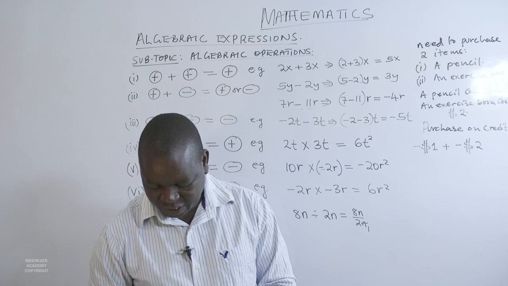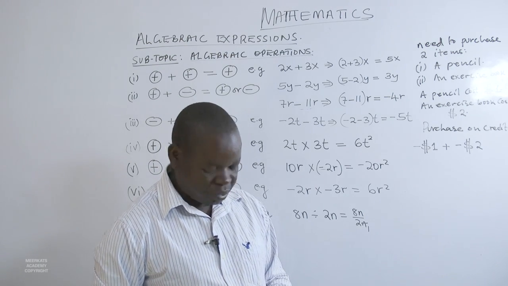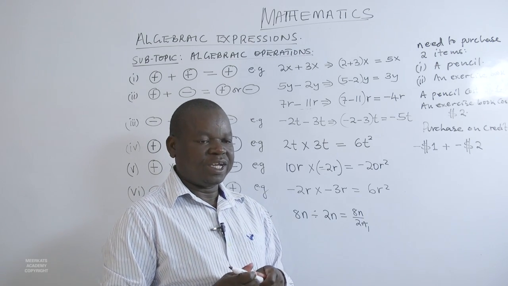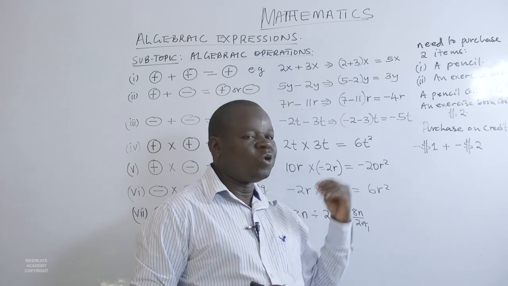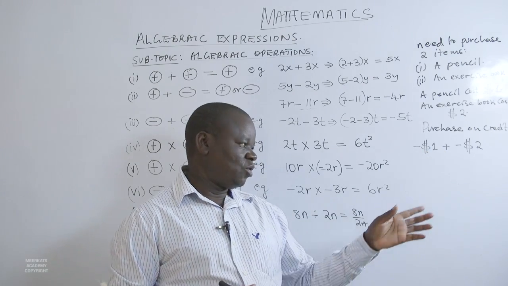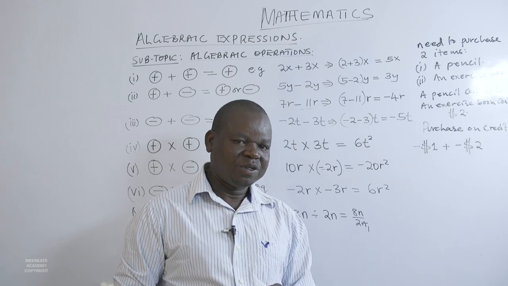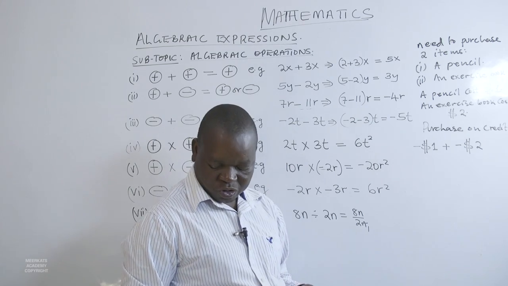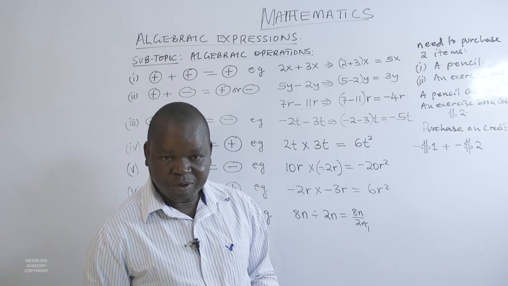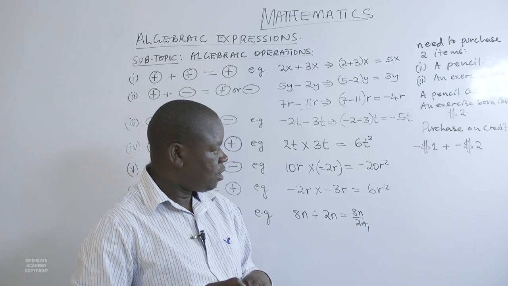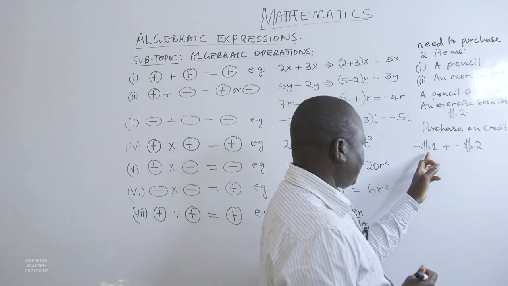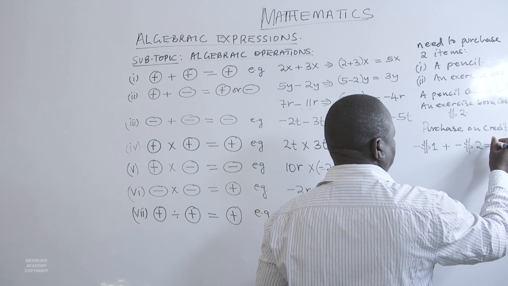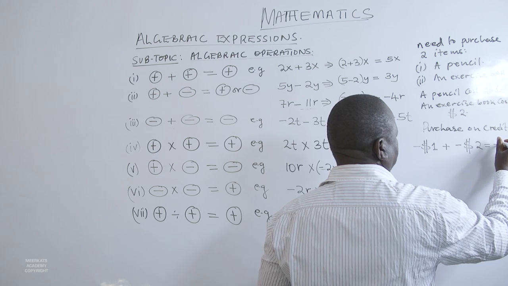You are now purchasing on credit, and therefore you will have negative $1. That's the credit part, because you are not paying immediately. So it will be treated as a negative, and the other one also will be treated as a negative. In total, you will be required to pay the vendor later on a total of negative $3.